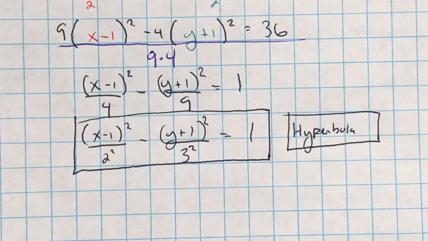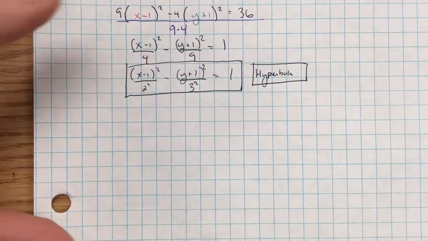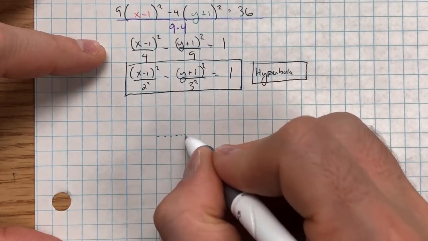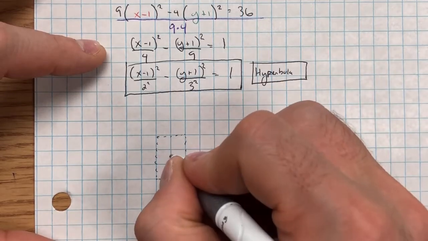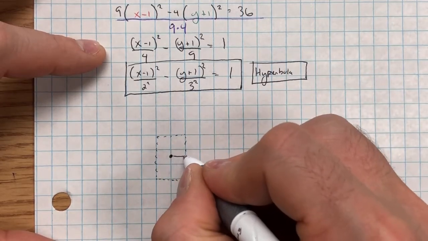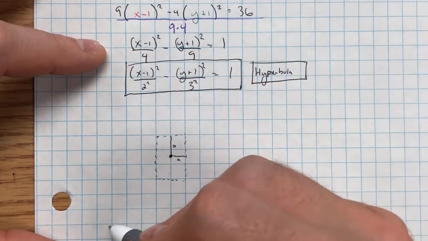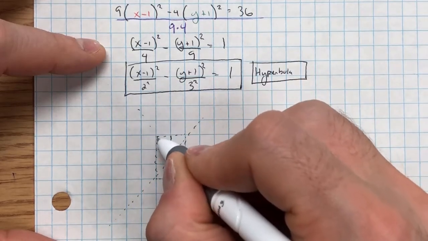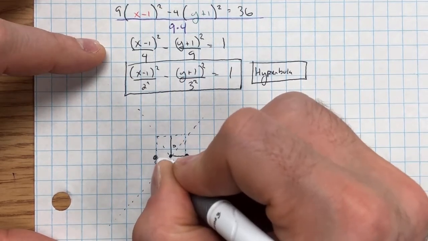What we know about a hyperbola is we still use the same things that we did for A and B. The only thing with a hyperbola is that we're going to take a box with a vertex, and I know that this is going to be my distance A, this is going to be my distance B, and I'm going to use that to sketch asymptotes, which will give me my two vertices.